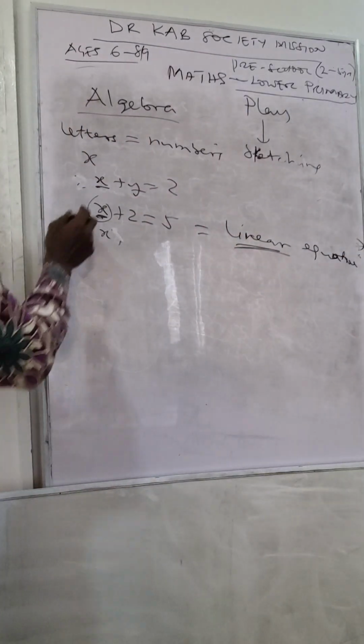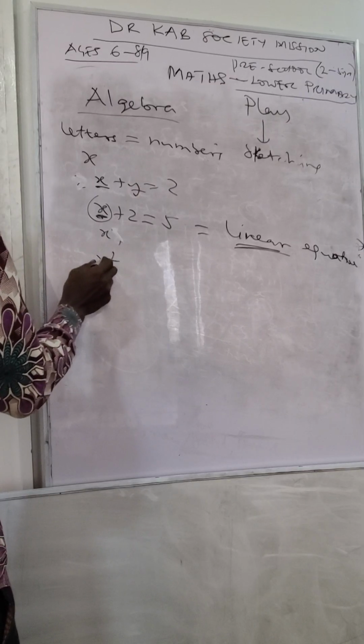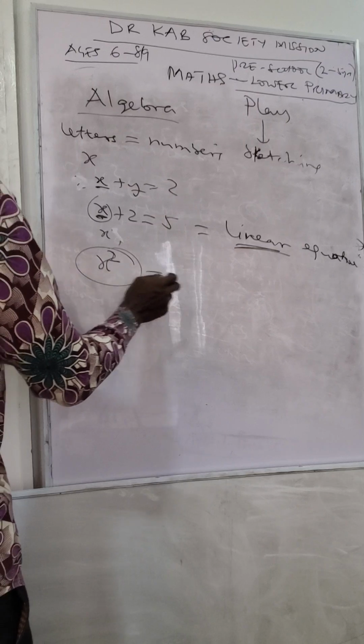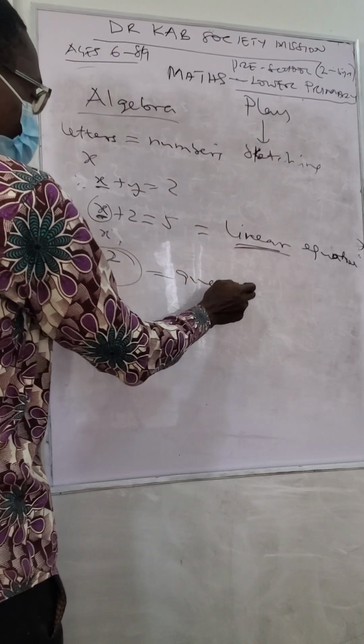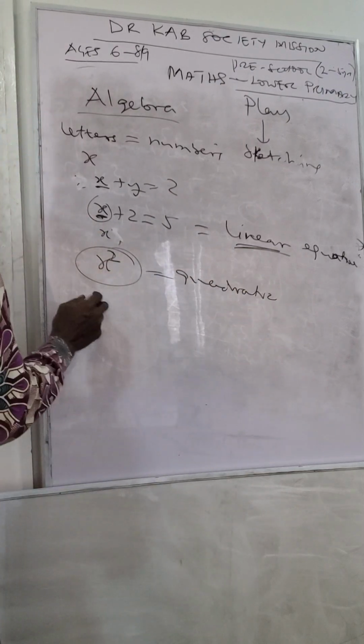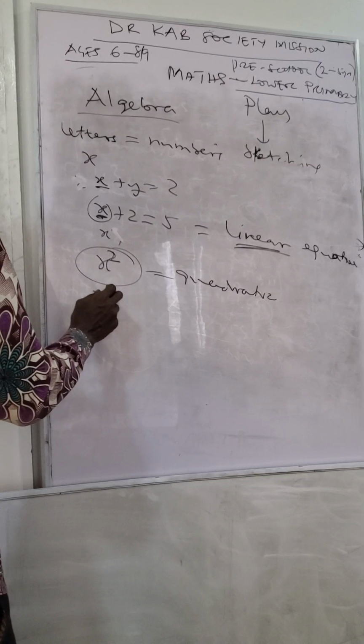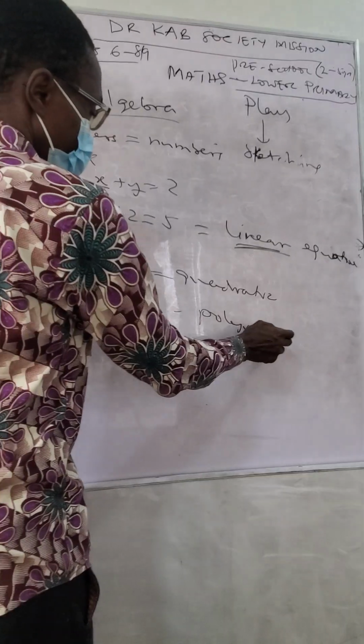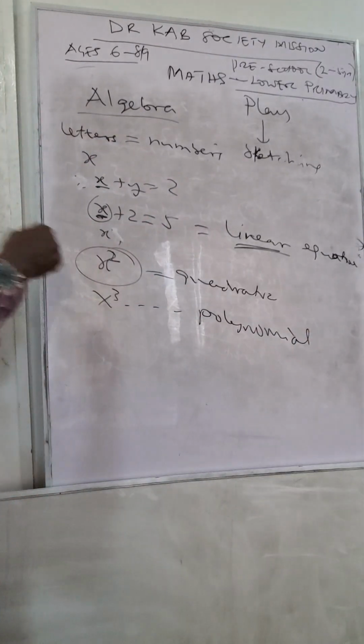Now sometimes, instead of x to the power 1, you can have x to the power 2. If x to the power 2 is the highest, then we call that a quadratic equation. Sometimes we get beyond that, x to the power 3 and so on, and then we call that a polynomial. They are all representing numbers.